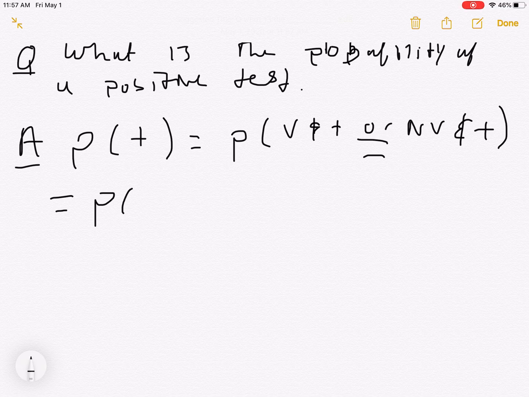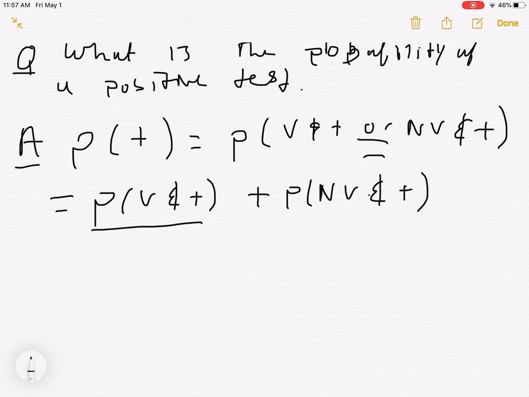So I will simply add them: probability of virus and positive, which we calculated last time, that is the 1.9%, plus probability of not virus and positive.